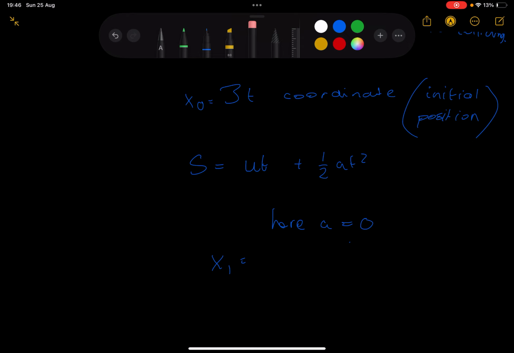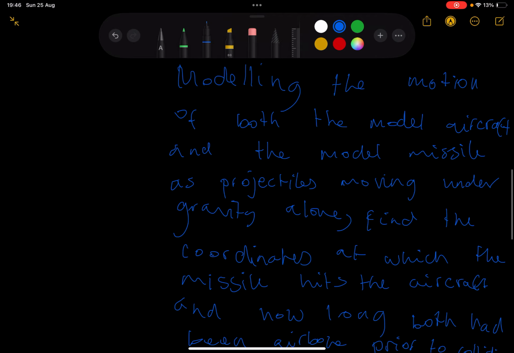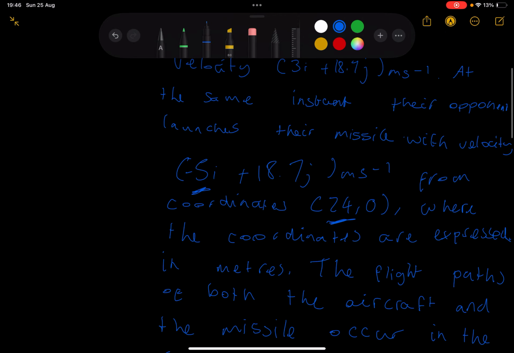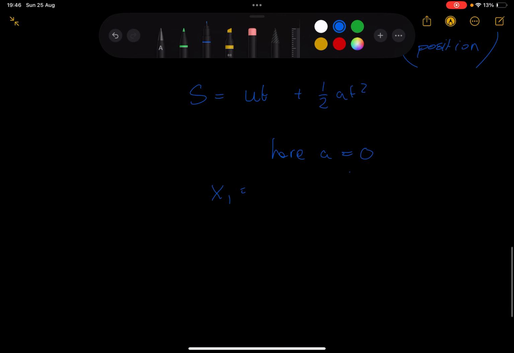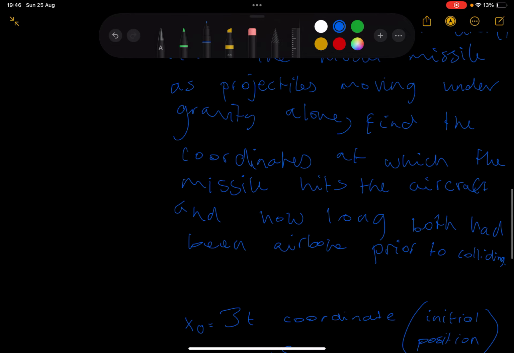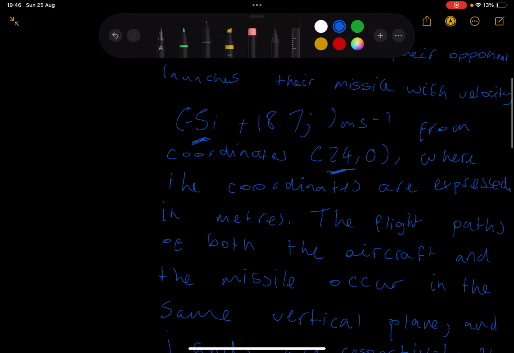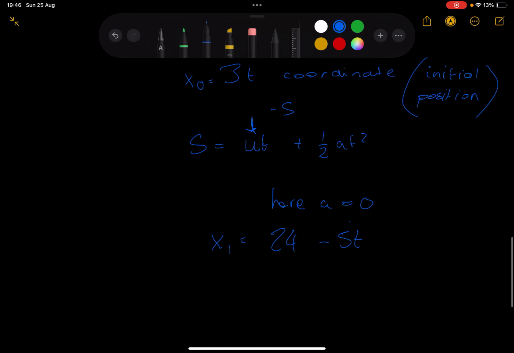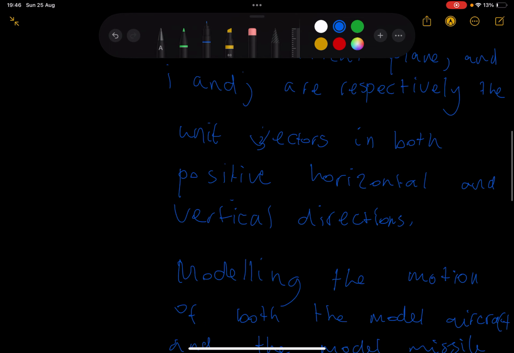Since we have the 24 coordinate and minus 5, we can put minus 5t here because we substitute in this equation. And we can also add 24 since that's the other x value we have.